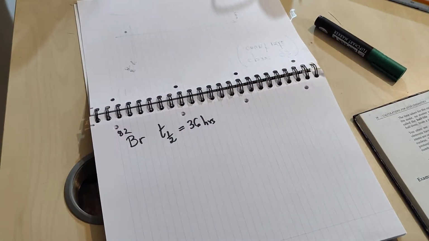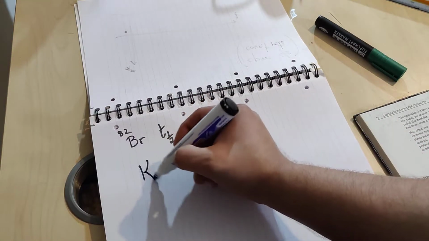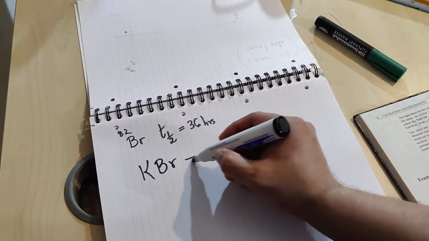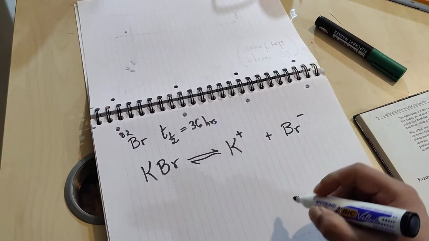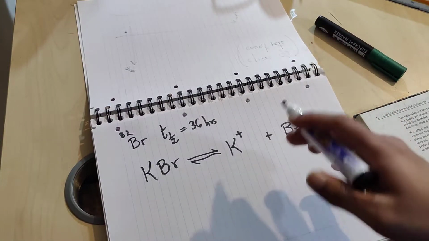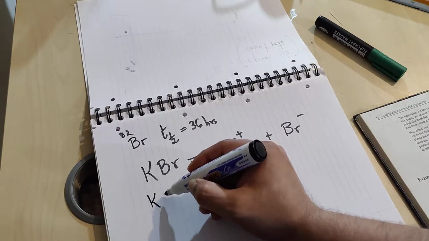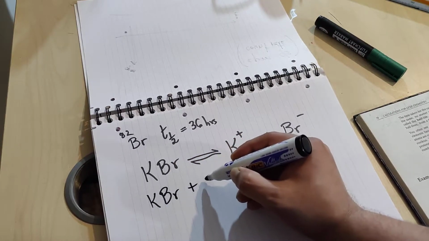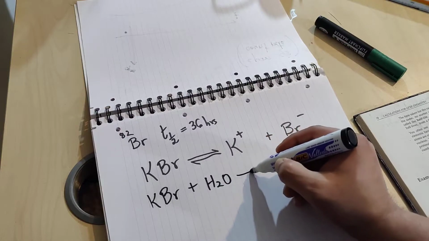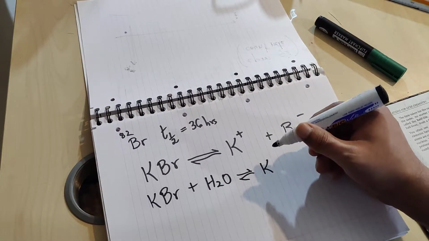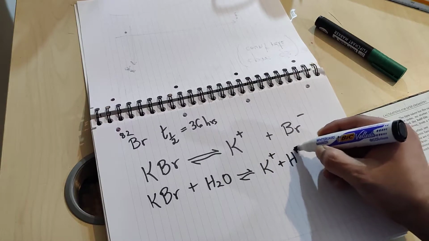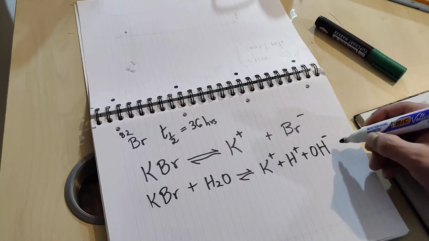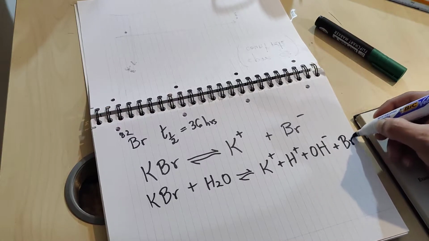And a sample of potassium bromide, KBr, is formed by one ion of potassium and one ion of bromine. In aqueous solution, it would be KBr plus H2O, that would be K plus, H plus, OH minus, Br minus. So that would be this.